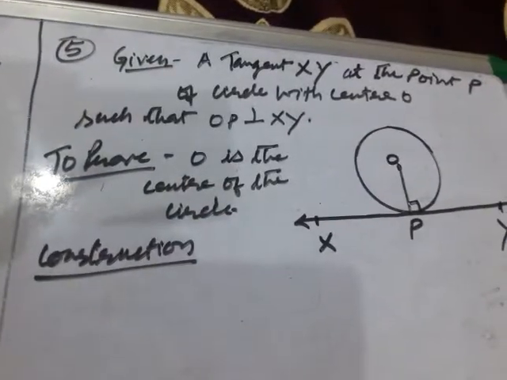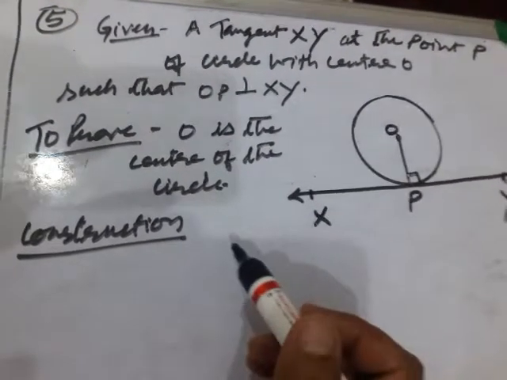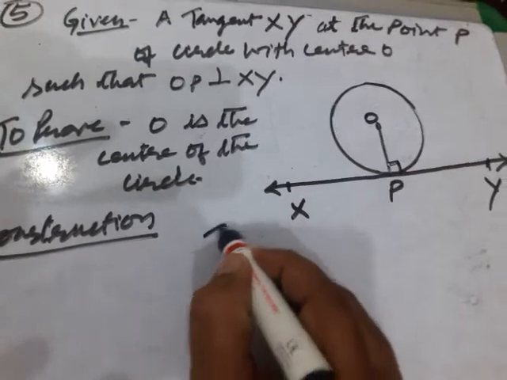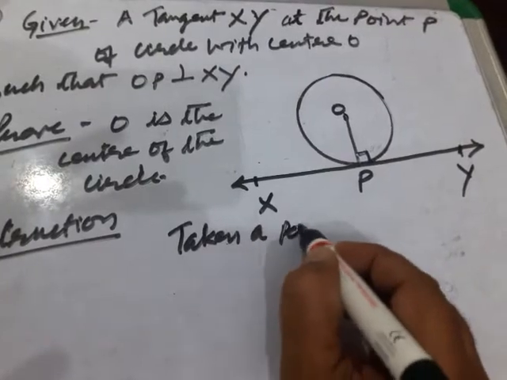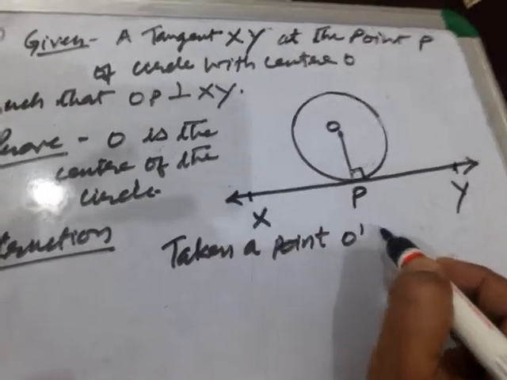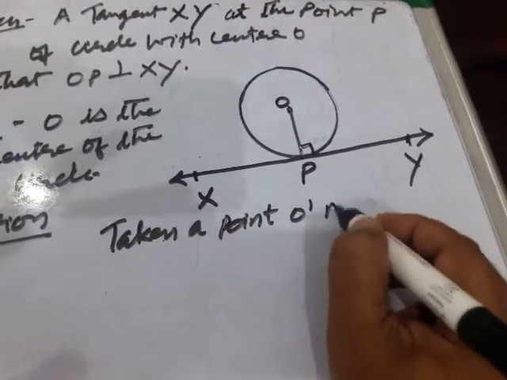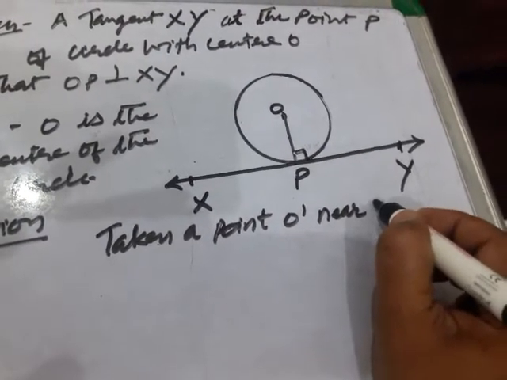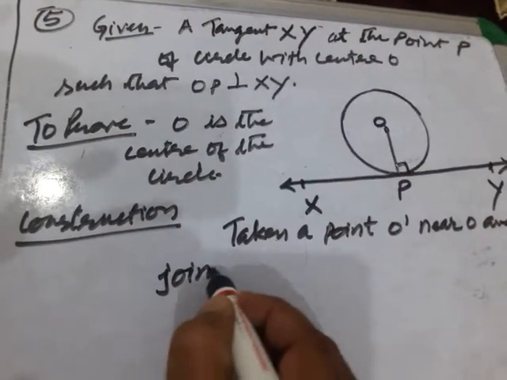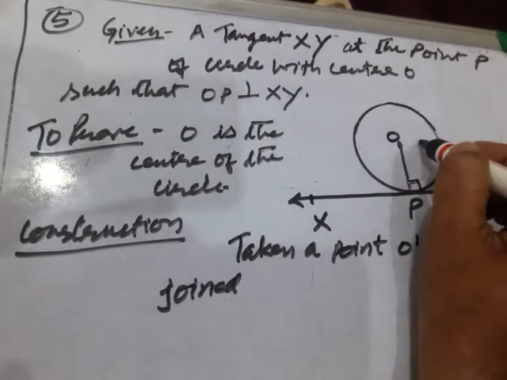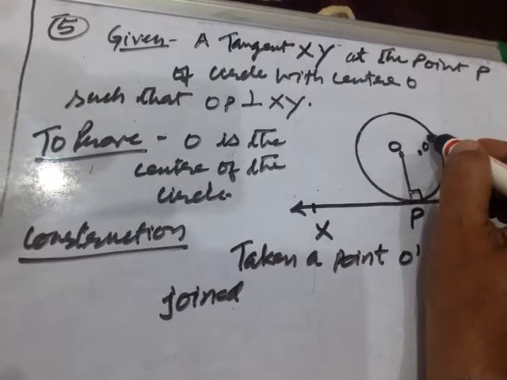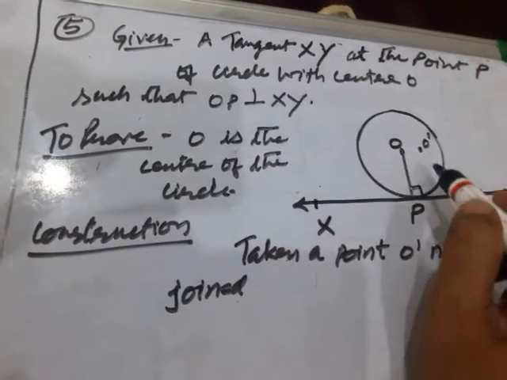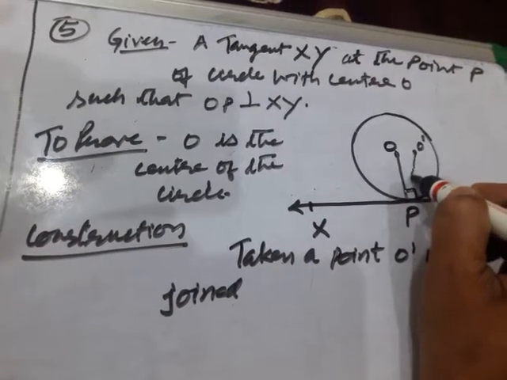Clear? And we will prove it using the contradiction method. That is, see, how will you prove? Take a point O dash near O. Let O dash be the center of the circle, not O. Okay, and join OP.